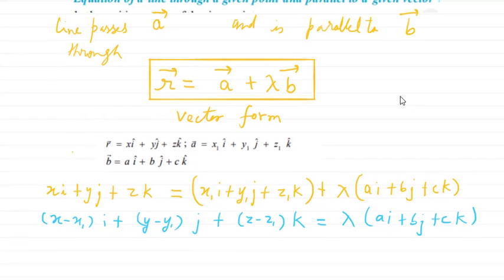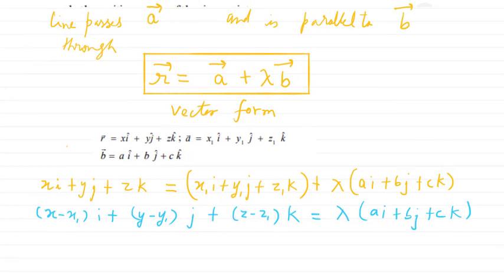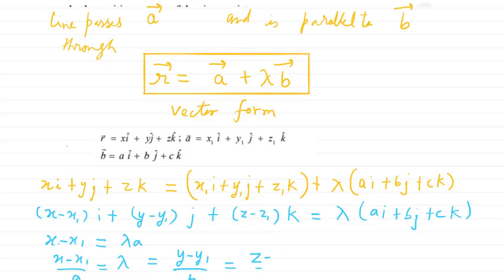Then when you compare the i coefficient, j coefficient and k coefficient, you will find that x minus x1 is the same as lambda a. So from here, x minus x1 divided by a is the same as lambda, and comparing the y and j coefficient you get y minus y1 by b. In the same way you get z minus z1 divided by c.